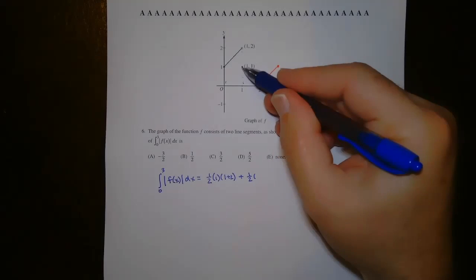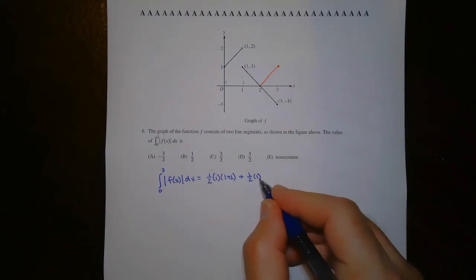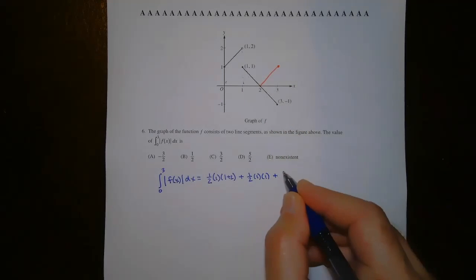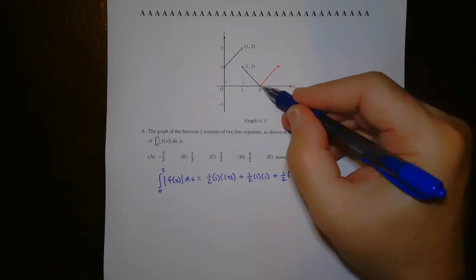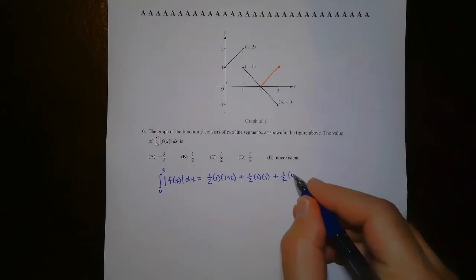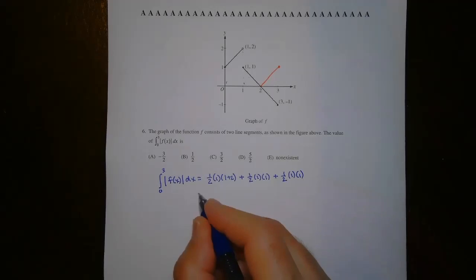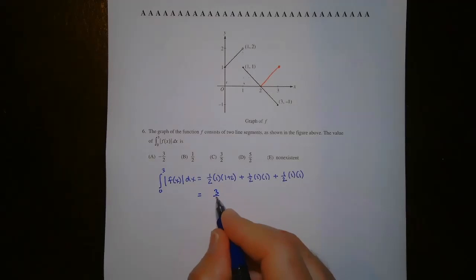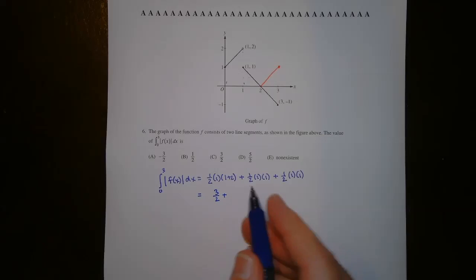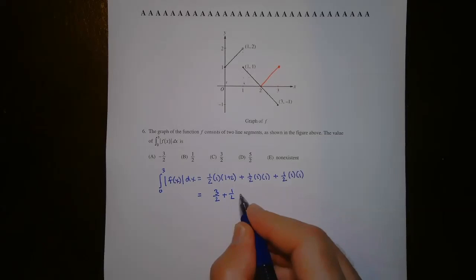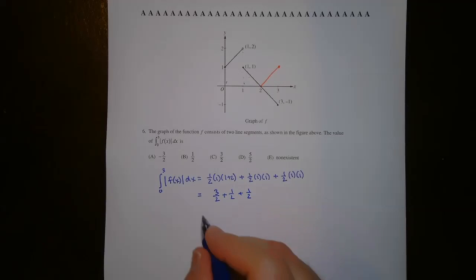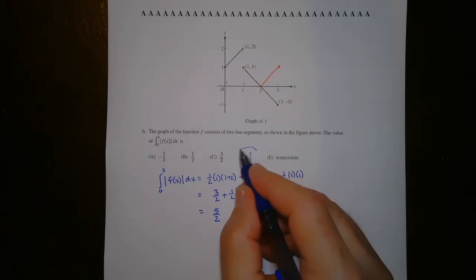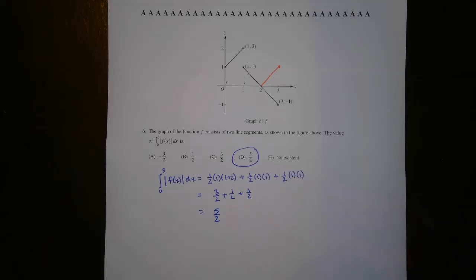So this would be 1/2 times 1 times 1, and then plus 1/2, and then this triangle would be 1 times 1 also. Okay, so this would be 3, so this becomes 3/2 plus 1/2, and this would be plus 1/2. And so that would give you an answer of 5/2, which is D, okay? So number 6, the answer is D, okay?